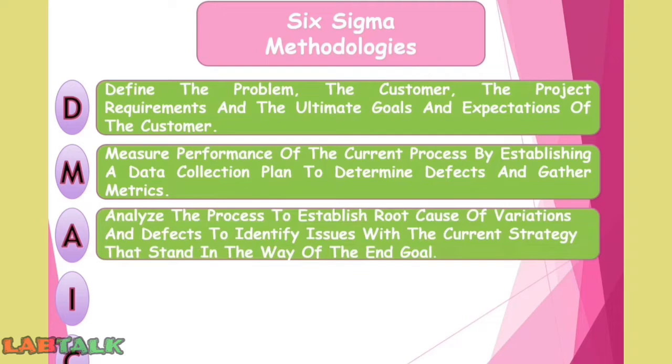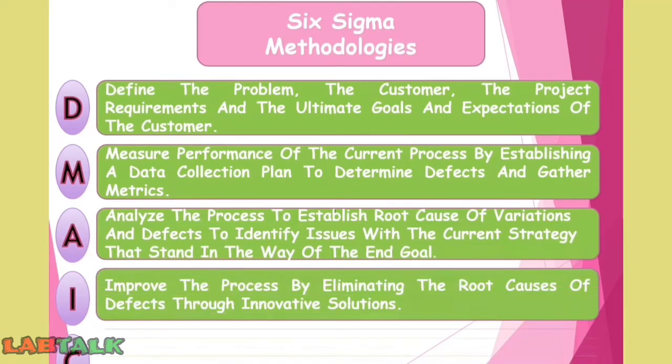Now once the gap analysis is done, the next step is to improve the process by eliminating the root causes of defects through innovative solutions. Now once the gap analysis is done and the defects are found out, the next step becomes to improve the process by eliminating the root causes.